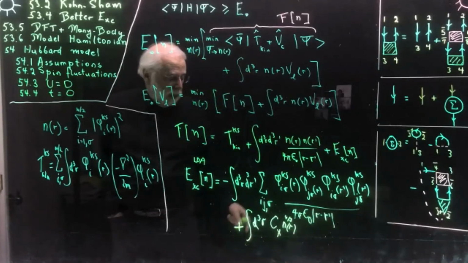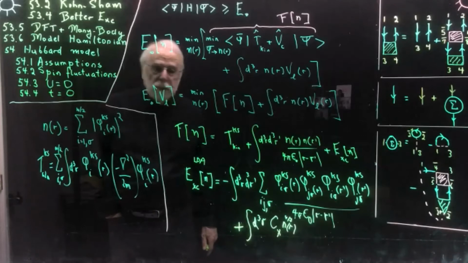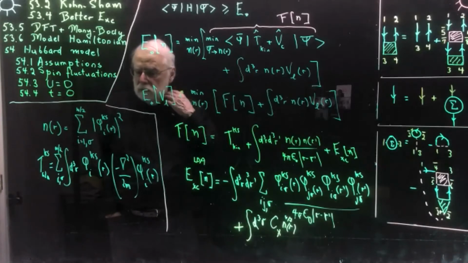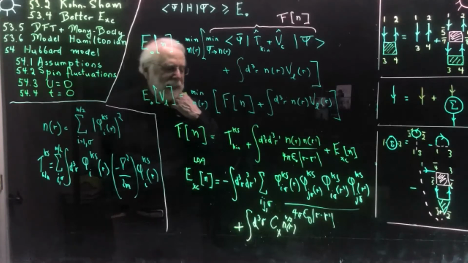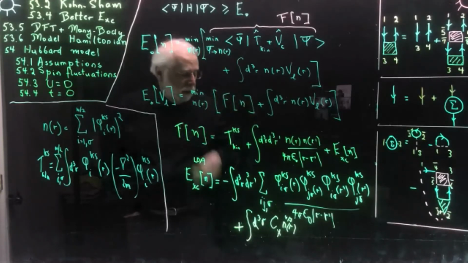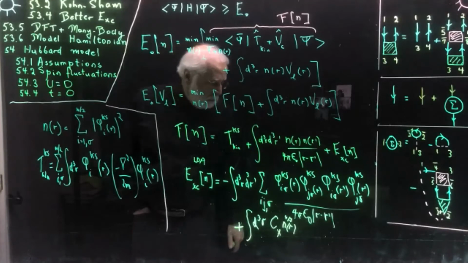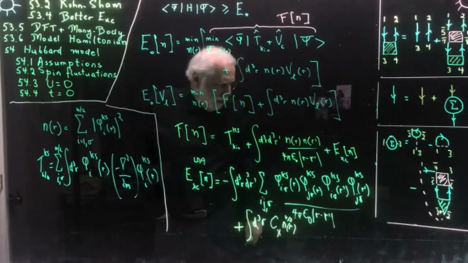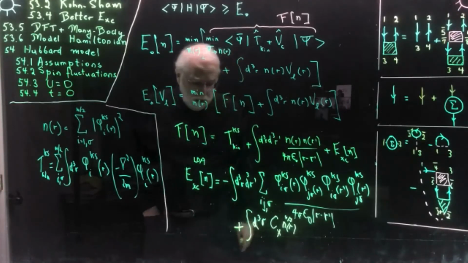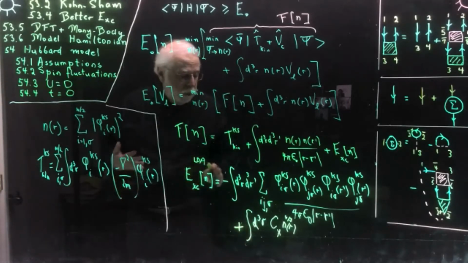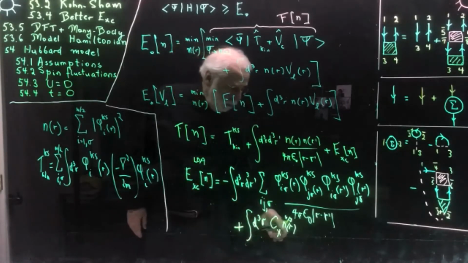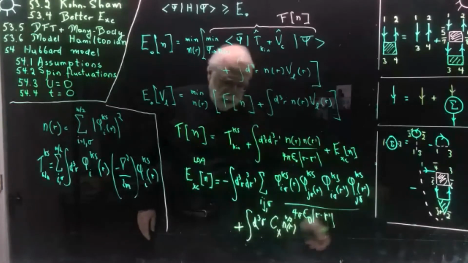Then there's a functional that is very popular called PBE, which stands for Perdew, Burke, and Ernzerhof. There are several ways you can fix these parameters.